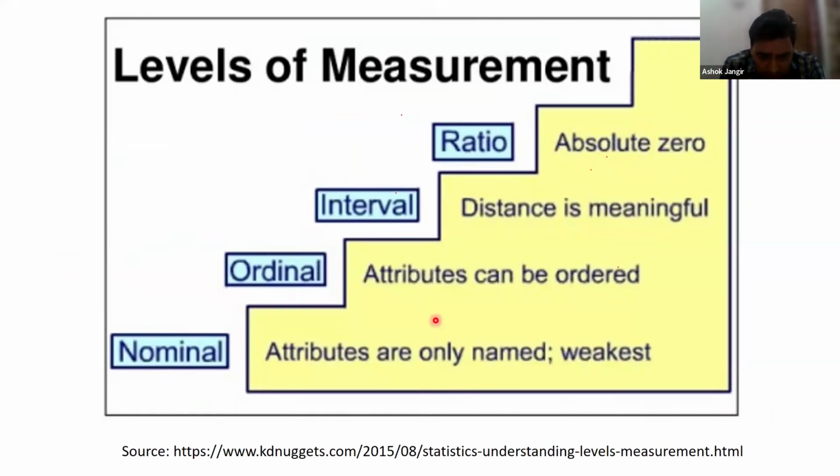First we have to understand these levels of measurement. Number one is nominal. Nominal means names. The variables or attributes are only named. It is the weakest form of the level of measurement.